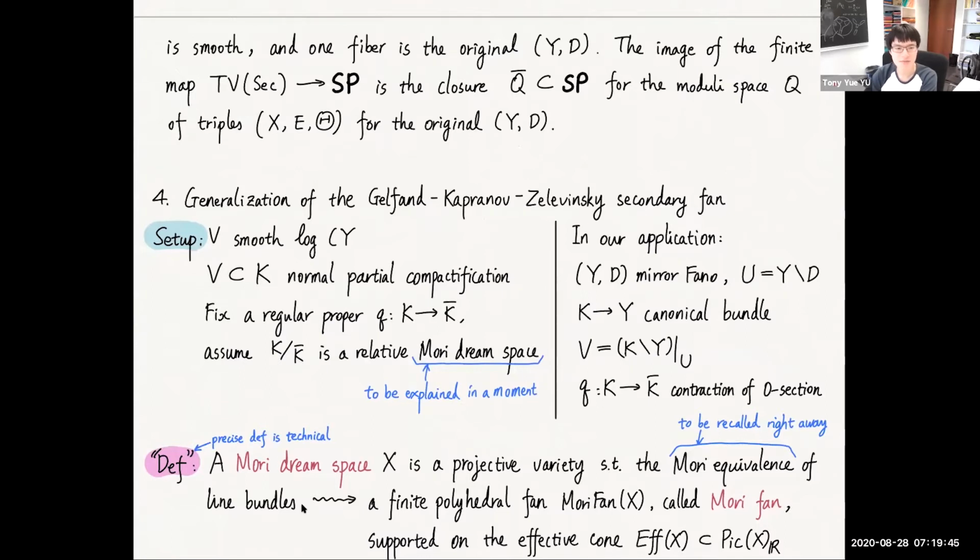Now let me give the heuristic idea of a Mori dream space. The precise definition is a bit technical.